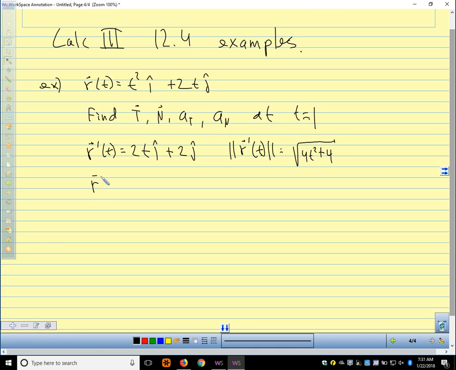We're looking at r prime at 1, so that's 2 i hat plus 2 j hat. And the magnitude of r prime at 1 is going to be square root of 8.